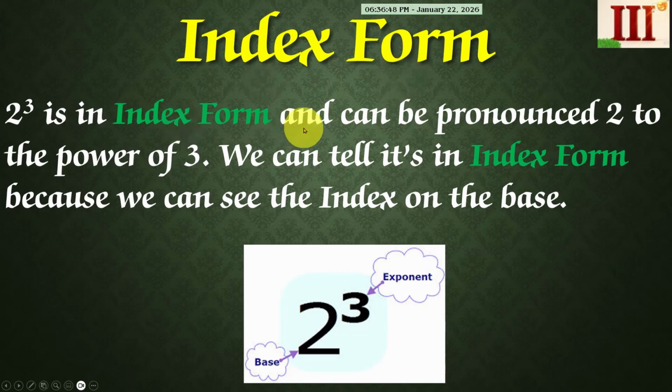That means that when you write a number in index form, you have to see the index or the power. So if you write 2 3 and there's no power, then it can't be index form. The base is written as a large number and the 3 is written as a smaller superscript.